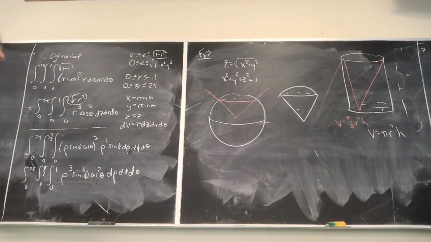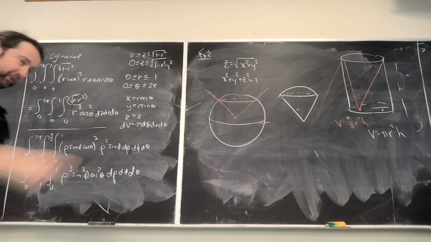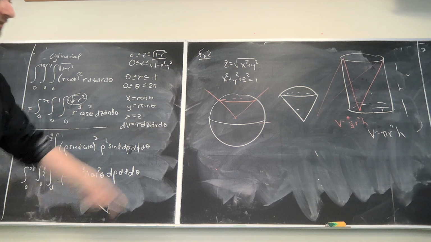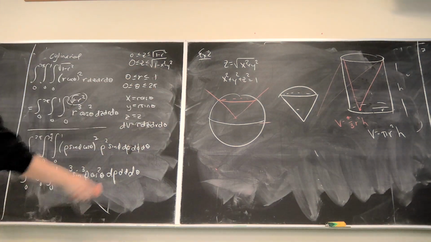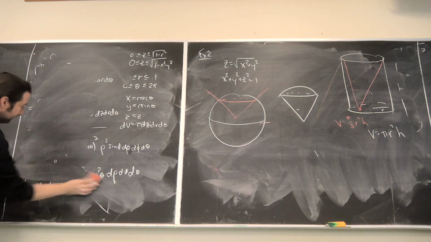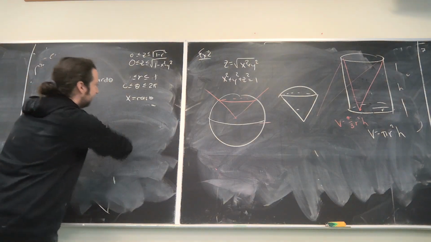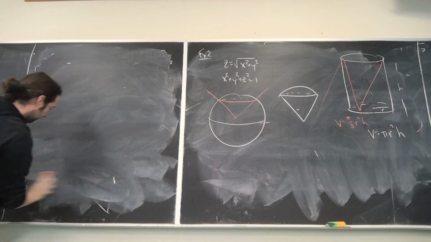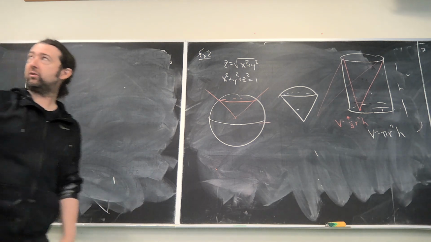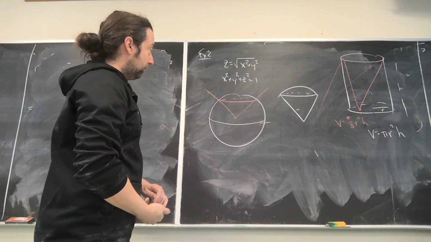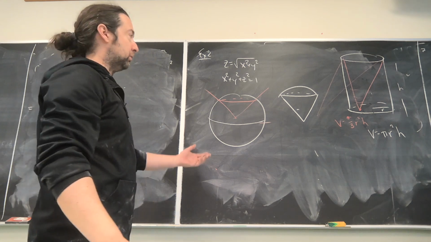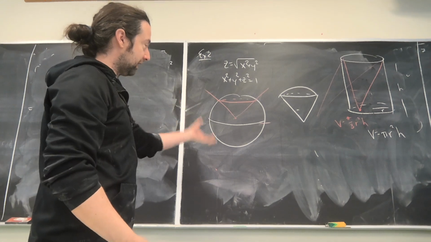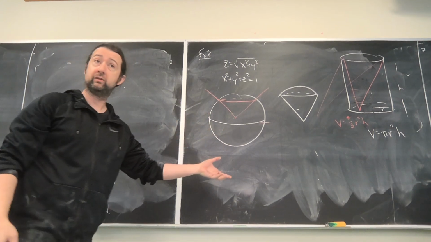All right, back to the enlightening task of calculating this figure again. Let's see if we can characterize this thing as a spherical region. We've done this before in Cartesian coordinates, and it was hard. I did that as an extra workshop problem, I think. And then I also did it in the cylindrical coordinate system.